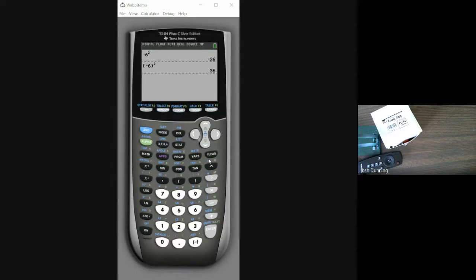Because as you can see, negative 6 times negative 6 should be positive. But if you don't put parentheses around the negative number itself, you get the wrong answer, as you can see there. The bottom one, negative 6 in parentheses squared, gives you a positive 36 like you're supposed to. Anyway, that's just a separate reminder here.